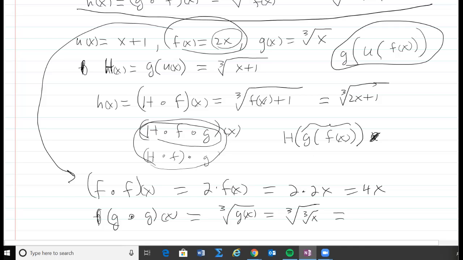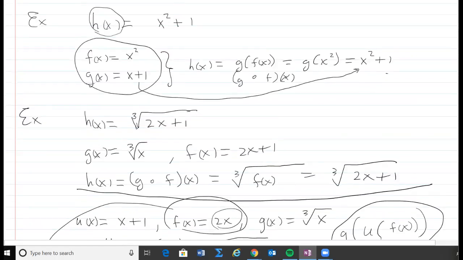If you went into the fractional exponents, you'd see something like this, which is x to the 1/9th, the ninth root of x, like that. So there it is. You can do all kinds of different compositions with those.